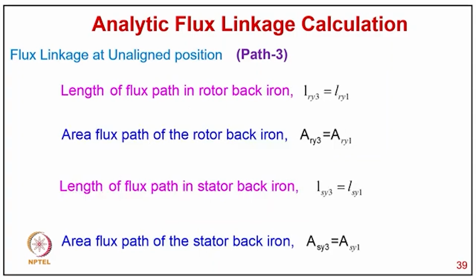The length of the flux path in the rotor back iron is LRY3 equal to LRY1, the area of the flux path in the rotor back iron is ARY3 equal to ARY1, the length of the flux path in the stator back iron is LSY3 equal to LSY1, and the area of the flux path of the stator back iron is ASY3 equal to ASY1.